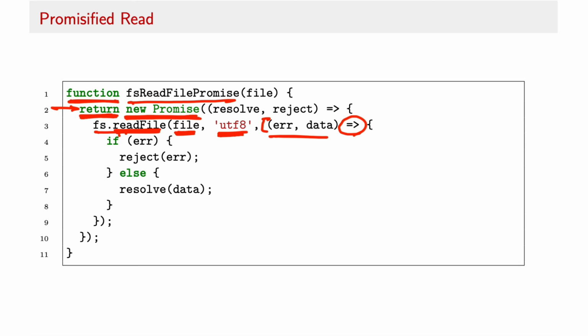Well, just like before, we're going to assume that Node will pass us an error object if something went wrong. So the first thing we're going to do inside of the body of this callback is check to see if error is truthy. If it is truthy, we want to call this function that the promise constructor is going to pass to us, and the job of that function is basically just to inform the promise, hey, something went wrong, you should change state from pending to rejected, and then let the code that's using you know about that by calling the .catch method.